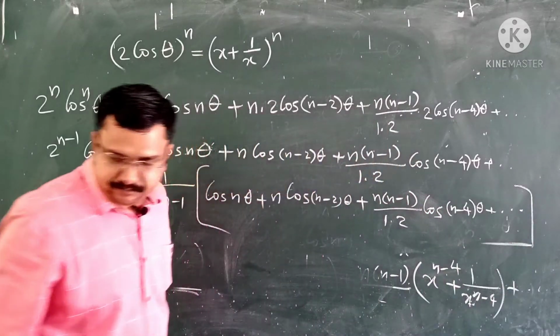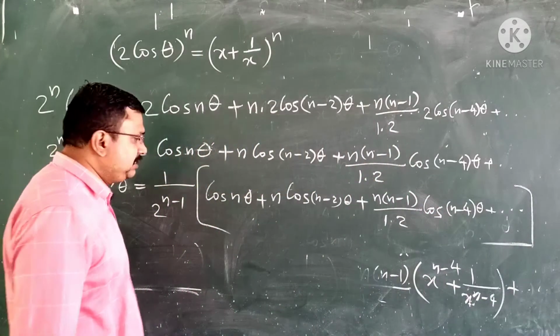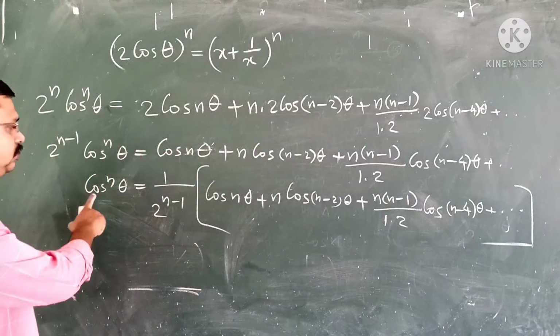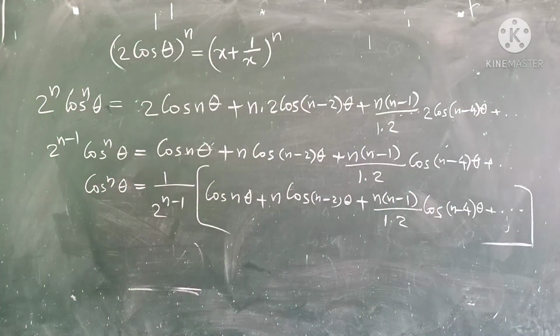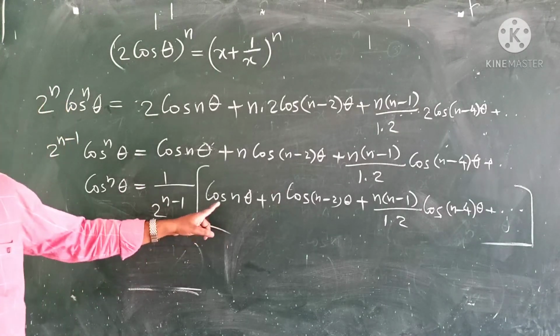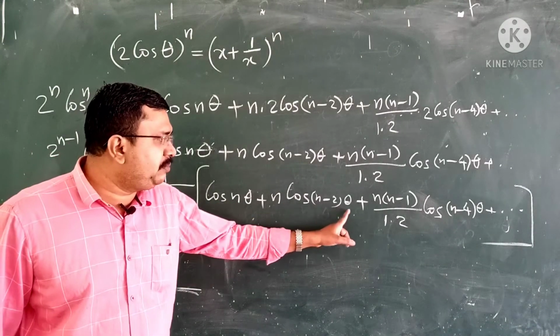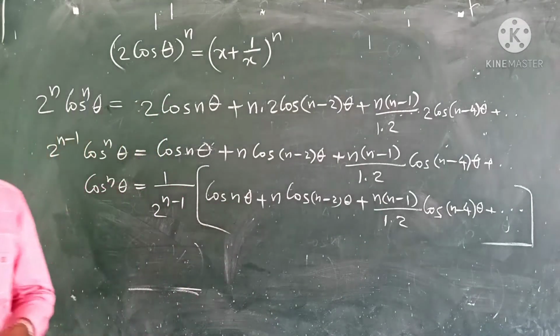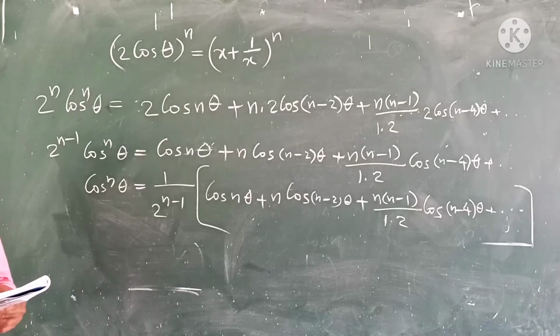Okay. This is the expansion of cos^n theta, which is equal to 1 by 2^(n-1) into (cos n theta plus n cos (n-2) theta plus etc.) Very important. Please write down on your notebook.